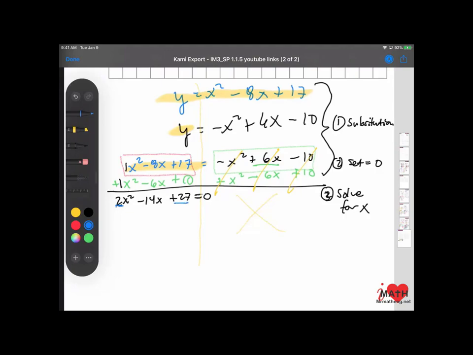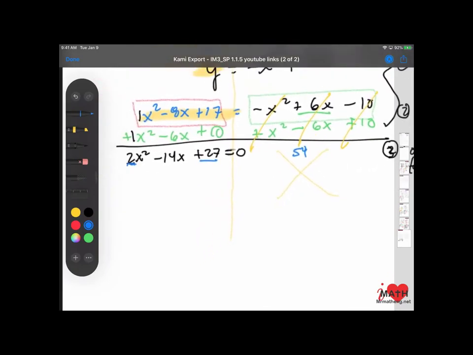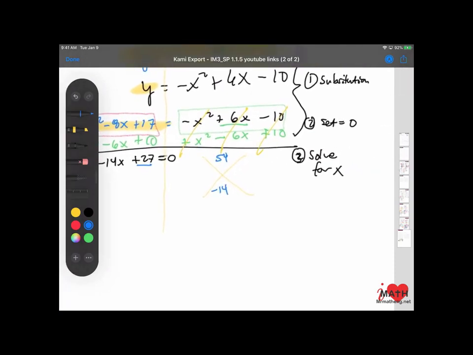A times C is going to be 54. And my B value is going to be negative 14. Let's list out all the factors of 54. 2 times 27, 3 times 18, 4, 5, 6, and 9.